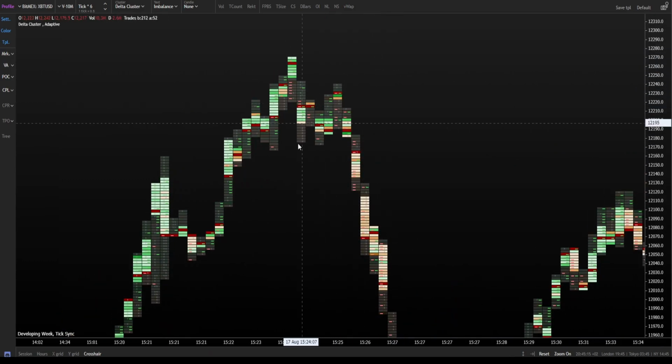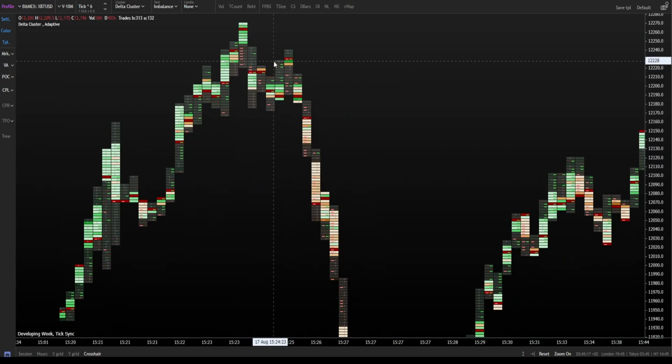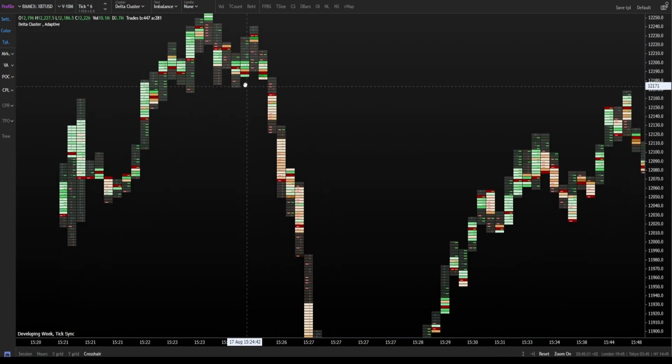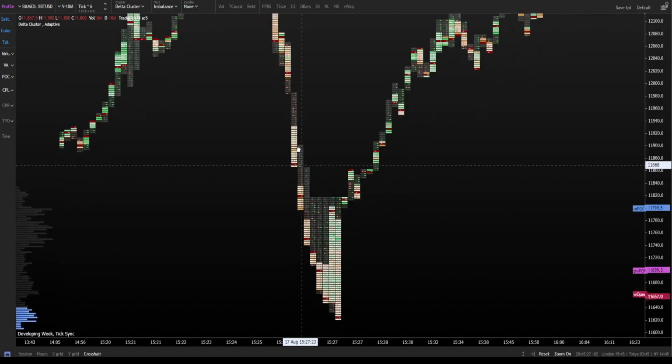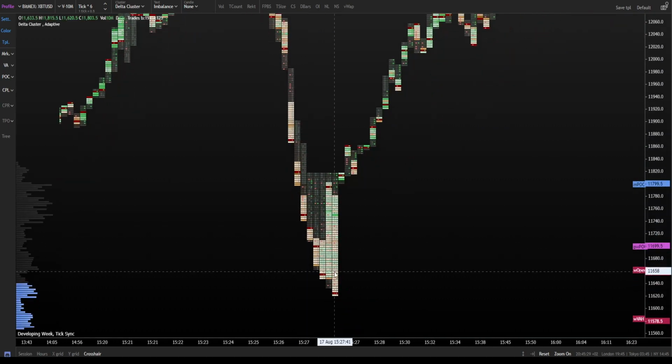What you can see here is that price basically ranged a little bit with relatively the same size of candles, right? And then suddenly you saw price literally dropping down, and the bars are getting larger and larger.